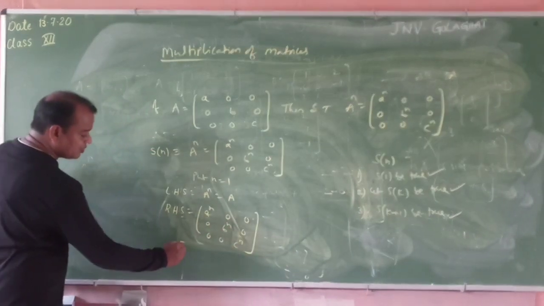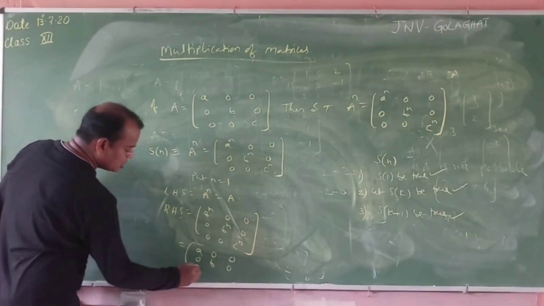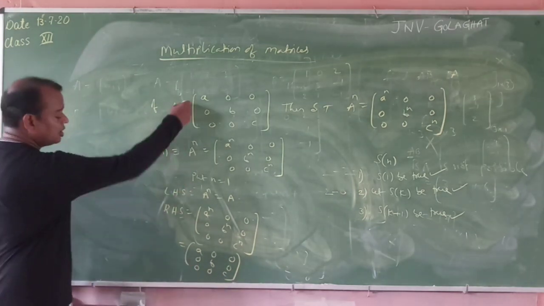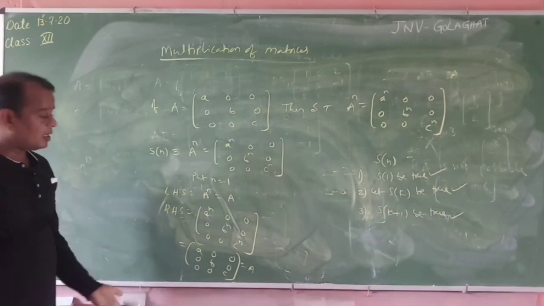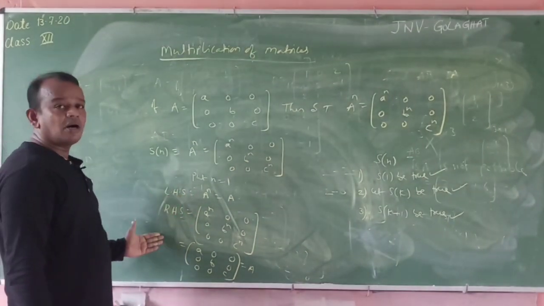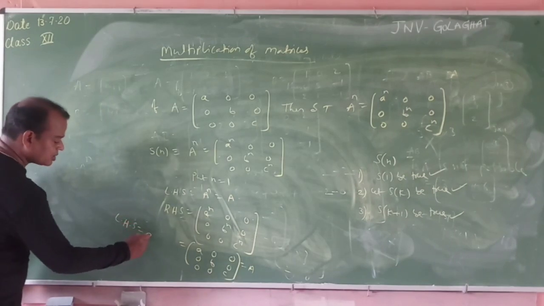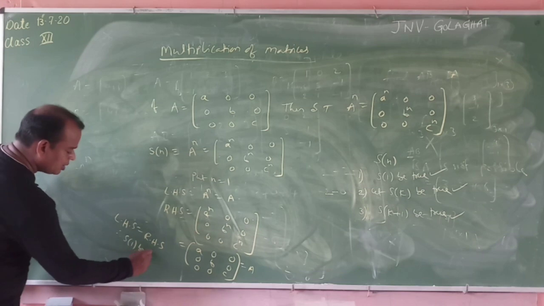Now substitute n equal to 1: A, 0, 0, 0, B, 0, 0, 0, C. This is also nothing but A. At n equal to 1, LHS is equal to RHS. Therefore, S of 1 is true.